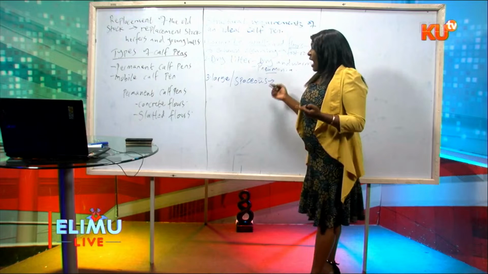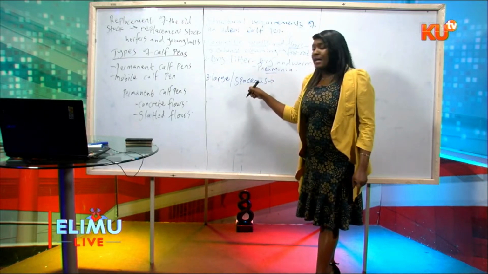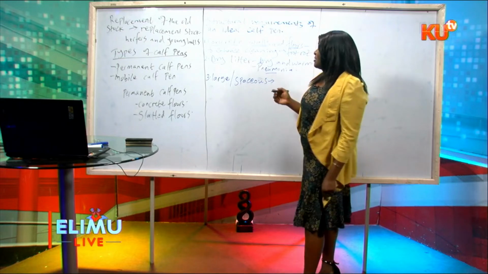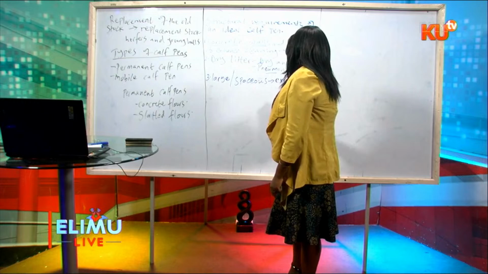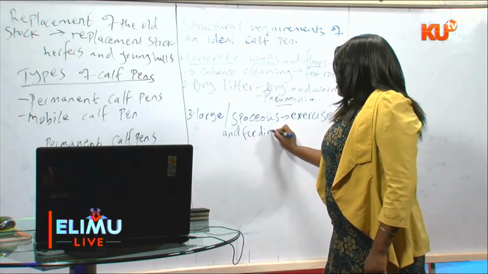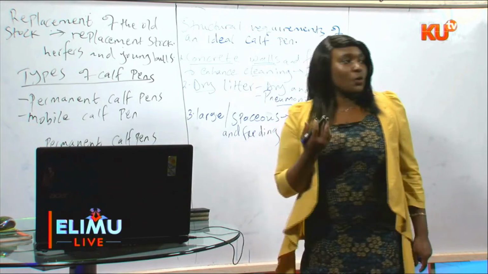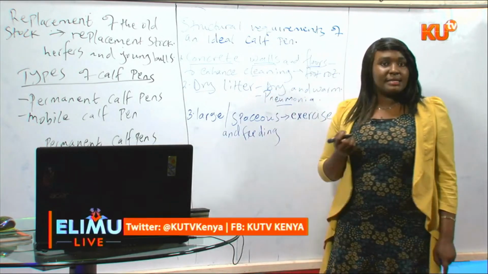In the case of these cows, they require a lot of space for exercise. Exercise is very crucial. Exercise and feeding. Exercise is very crucial for each and every living organism.